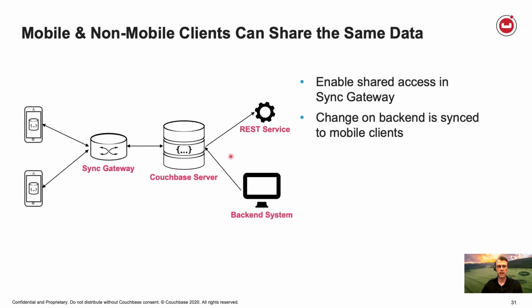Over here on the server side, you're using the Couchbase Server SDKs to work with the data. The other really nice thing that Couchbase Mobile does is allow you to seamlessly sync changes that occurred out here on the edge so that they're available all the way back here in a backend system and vice versa. I can make a change here in a backend system and that change is propagated in real time out to these edge devices.